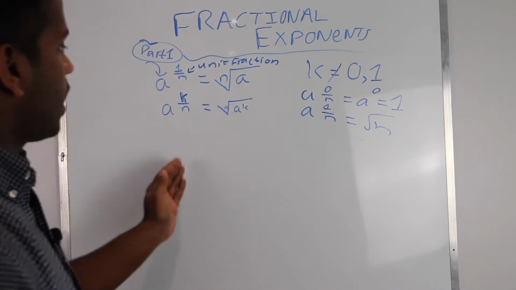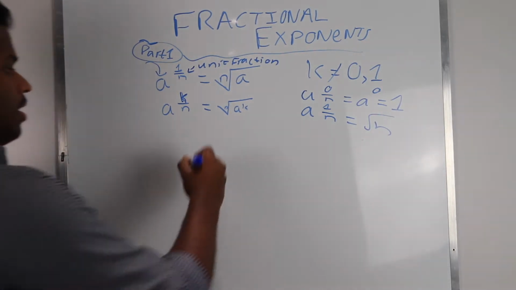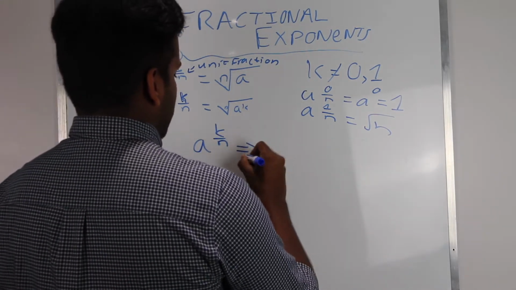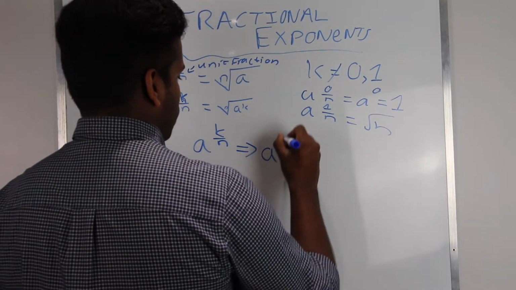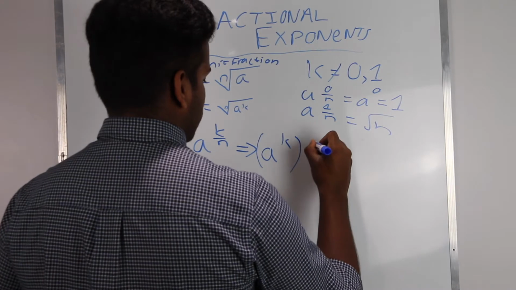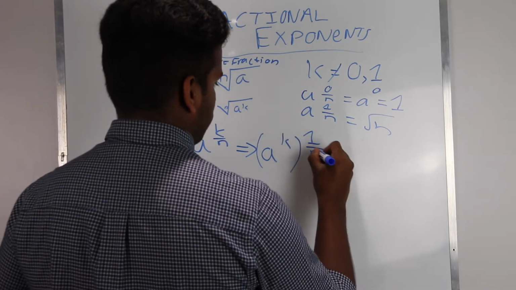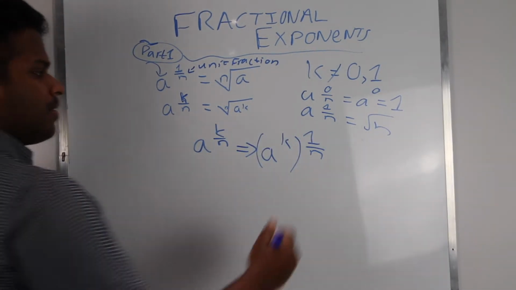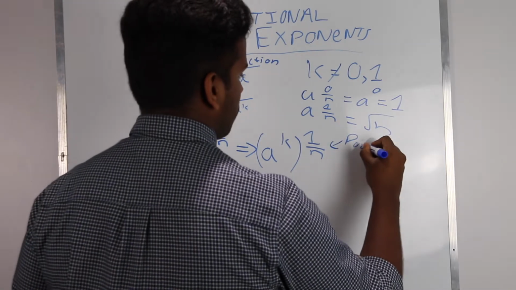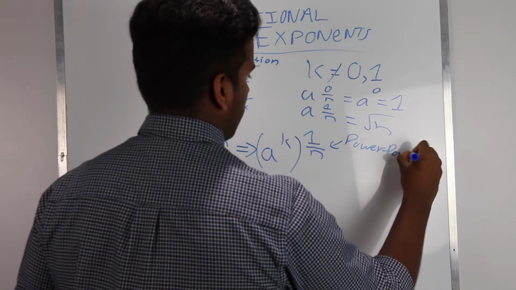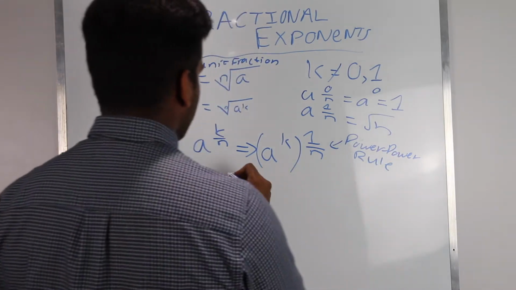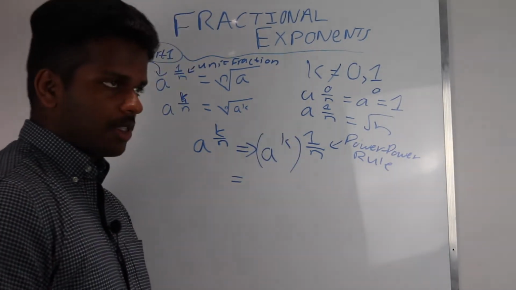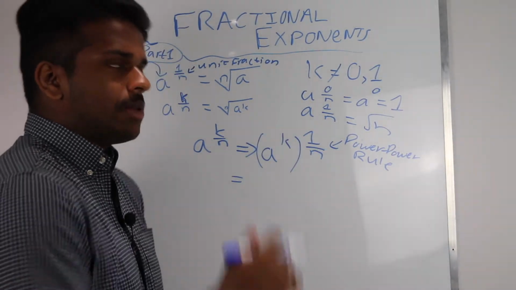When you're looking at a to the power of k over n, would you agree with me that it equals a to the power of k, in brackets, raised to the power 1 over n? Remember our laws of exponents. This is the power to a power rule. We have one base and two exponents, and we're taking a power to a power, so we multiply the exponents.